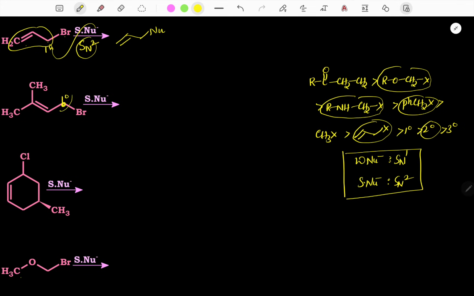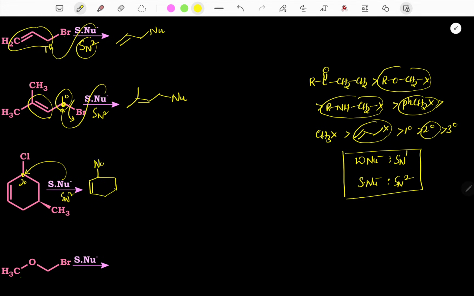Similarly, next one also primary allyl. Again, strong nucleophile, SN2 possible. So the nucleophile attacks, the leaving group will leave. Finally, it gives the corresponding nucleophilic substituted product. Next one, secondary allyl, strong nucleophile and SN2 possible, and it gives finally the corresponding nucleophile substituted product like this.